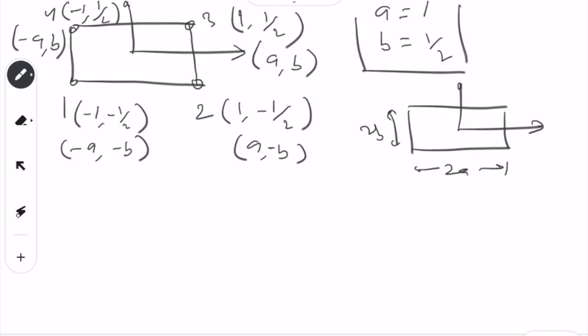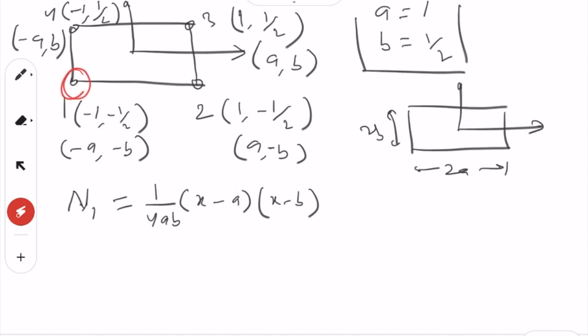We know that n1 will be equal to, where we have two lines, x equal to A and x equal to B: n1 is x minus A times x minus B, and here it has to be 1, so it will be 1 over 4AB.